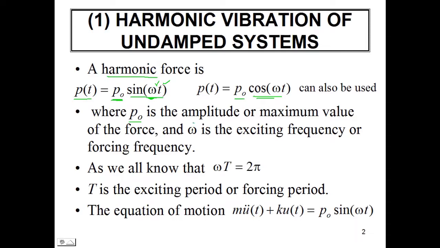Omega defines the bandwidth of the sine wave function. As we all know, omega times capital T equals 2 pi, where capital T is the exciting period or forcing period.